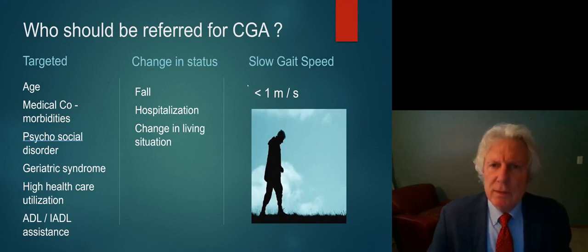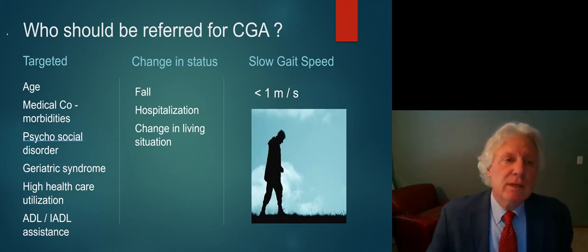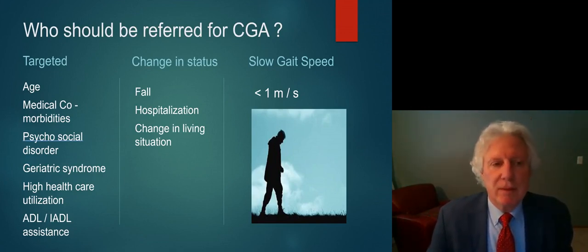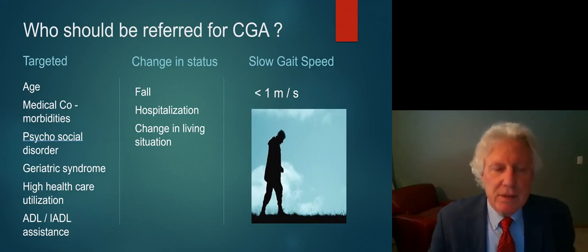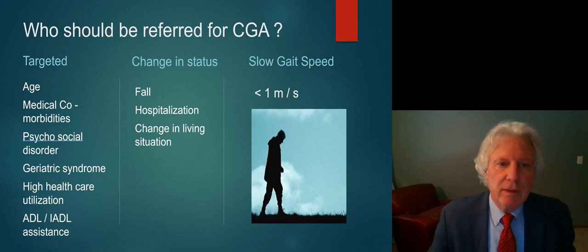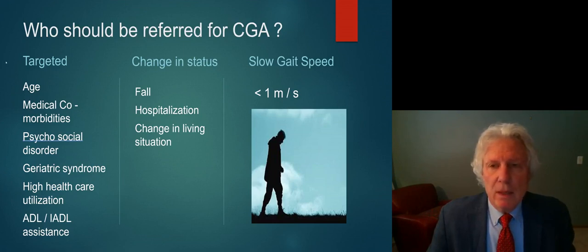So who should we refer for comprehensive geriatric assessment? Well, there are 3 ways you can look at this. One is to target specific populations. So you could have an age cutoff: all people 75 and older get geriatric assessment. That would be a pretty fair way to do it. You could look at the number of medical comorbidities.